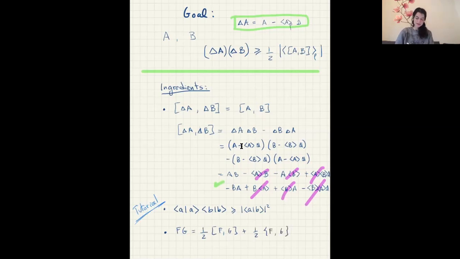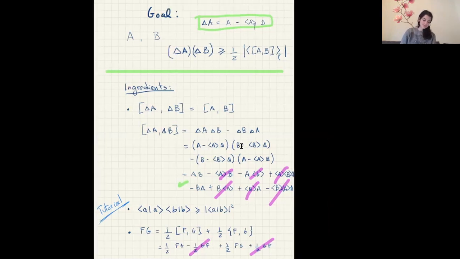This is direct, because what we have here is one half FG minus one half GF plus one half FG plus one half GF, and these two cancel out, so we get the same thing there.